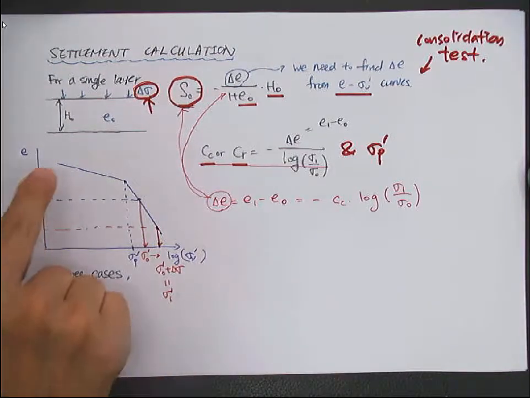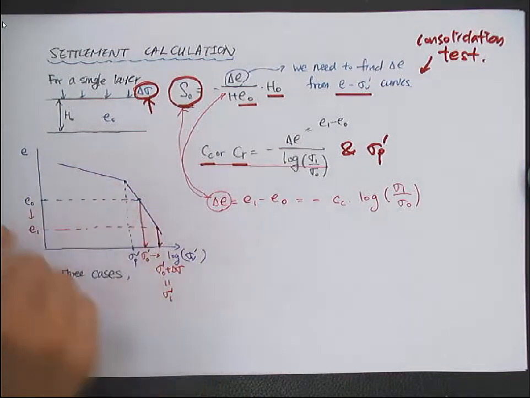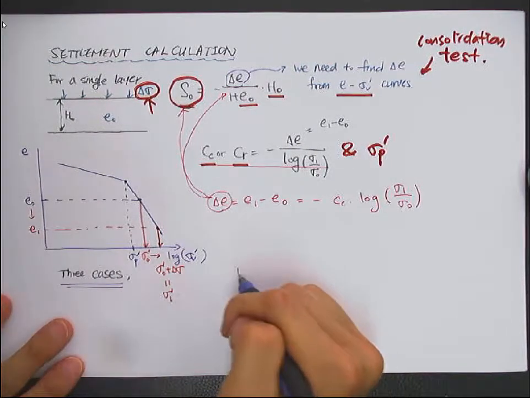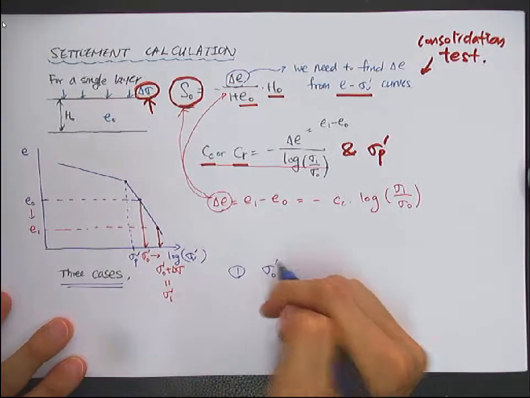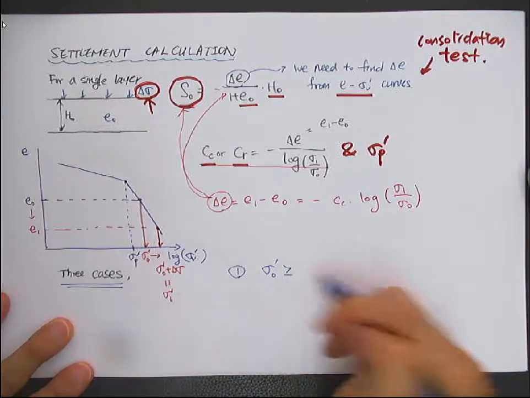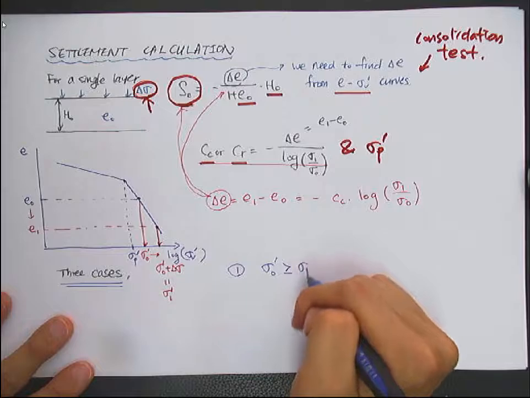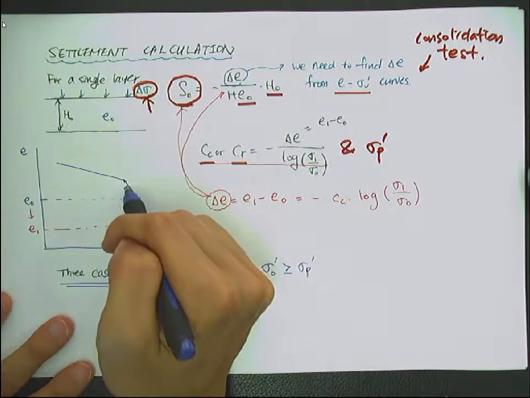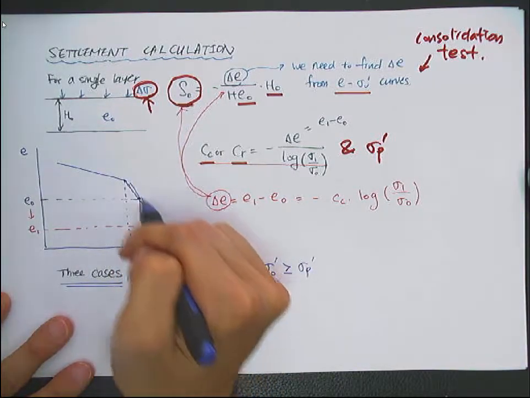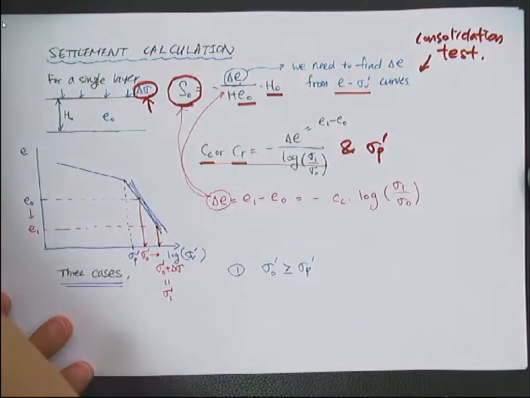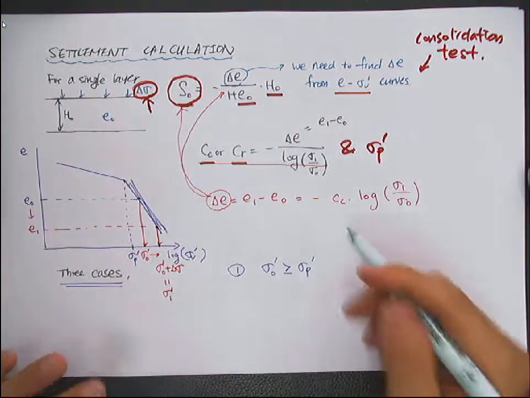But as you can see from this bilinear curve, there could be three cases. One, the current vertical effective stress is larger than or the same as the sigma p prime. So the settlement occurs in this region. In this case, it's called the normally consolidated clay.